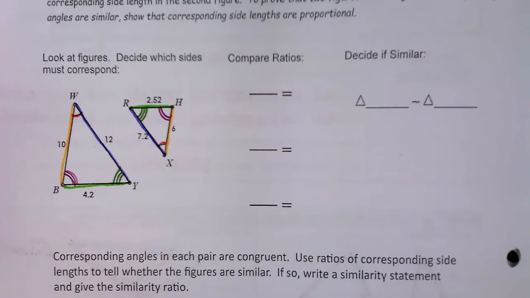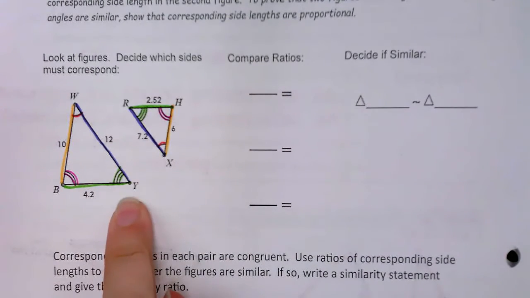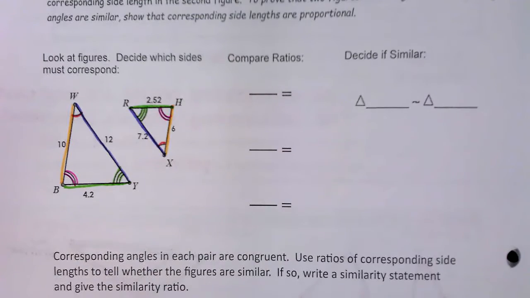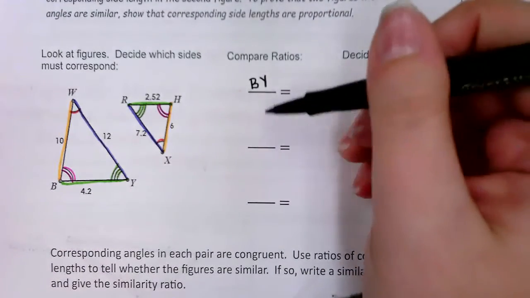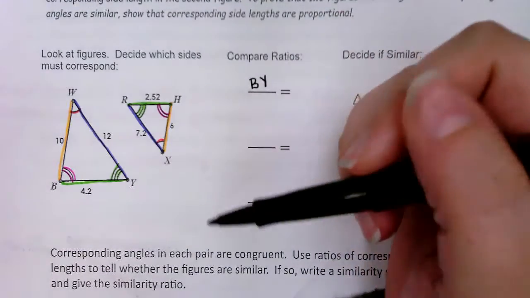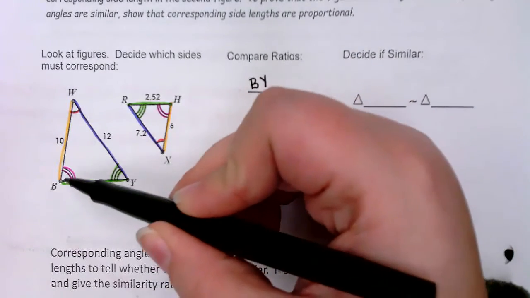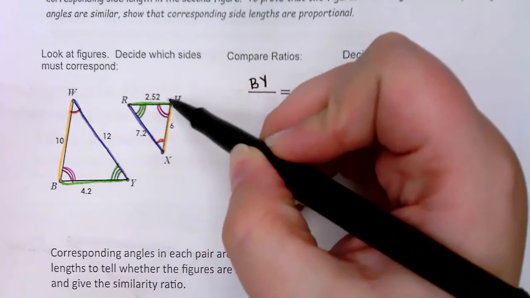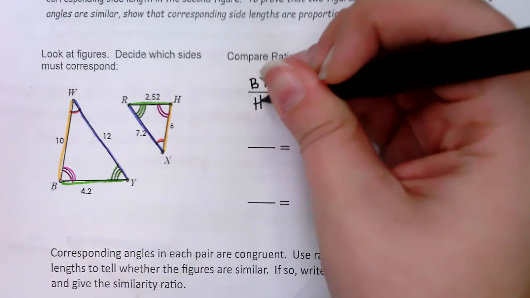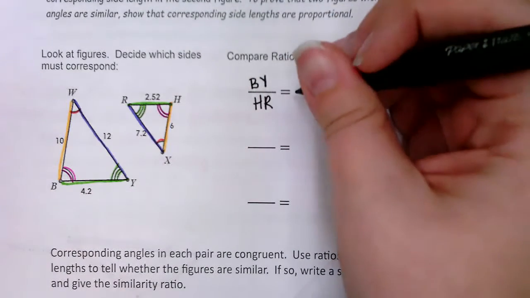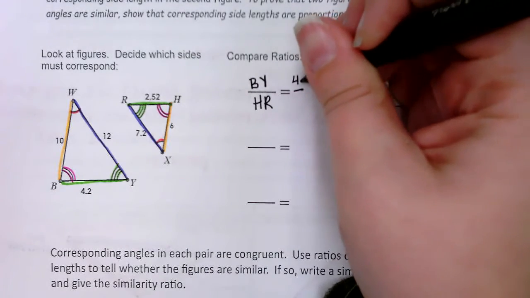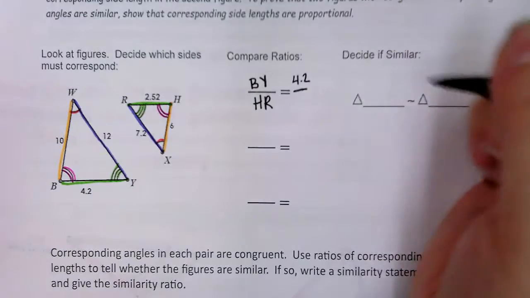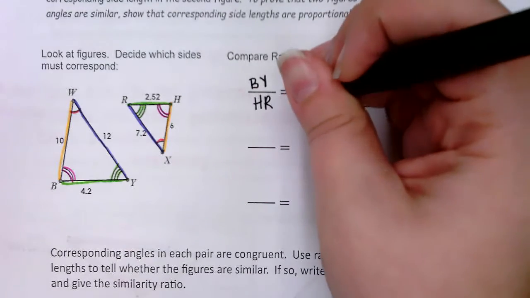So let's start with side BY. When I set up my ratio, I'm going to put BY in the numerator, and I'm going to compare it to which side? Which side is corresponding to BY? Well, we said that was HR. So I'm going to put BY over HR. Now, BY is equal to 4.2, so I'm going to fill it in, 4.2, over HR, which is 2.52.